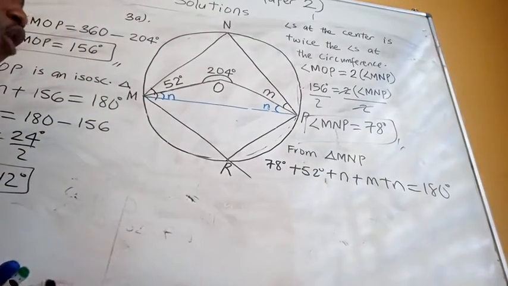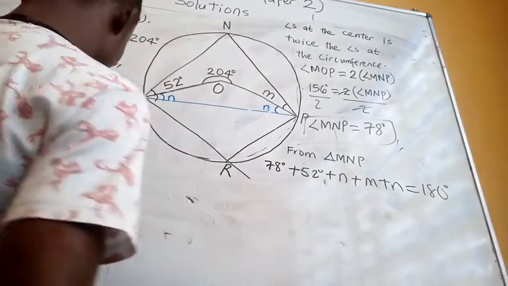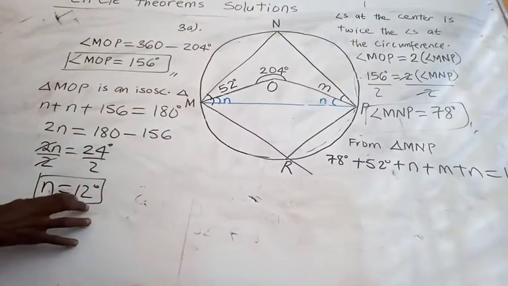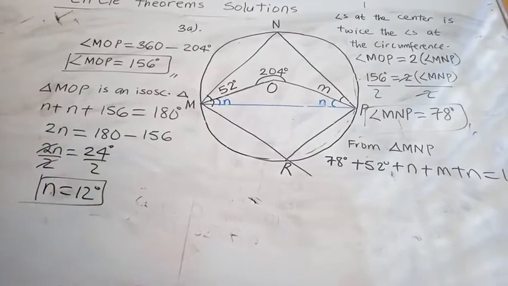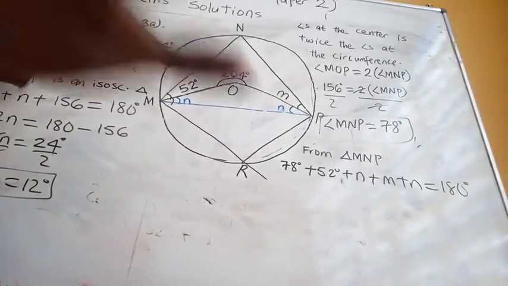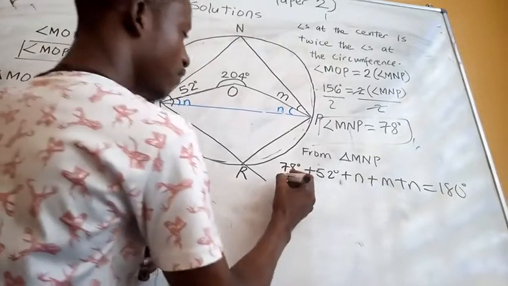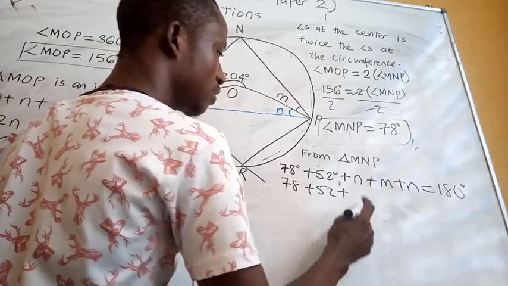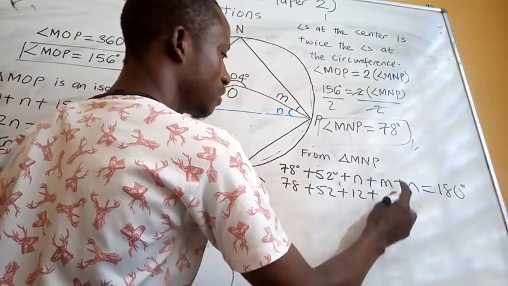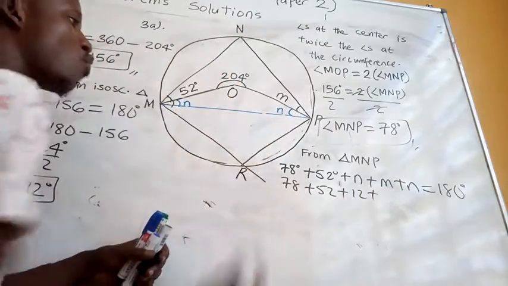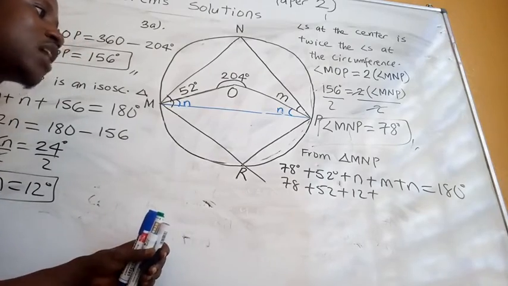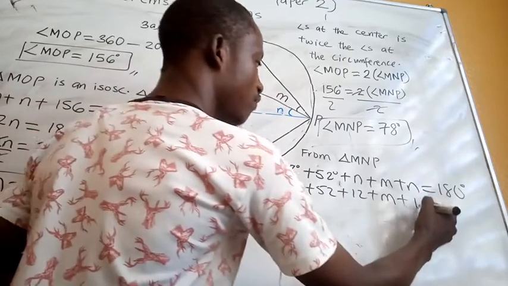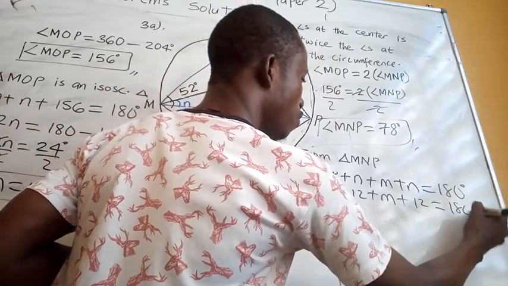Now, we have already found our value of N, which is 12 degrees. So replacing 12 degrees in place of N, we have 78 plus 52 plus 12 plus M, the unknown angle we are asked to determine, plus 12, all equal to 180 degrees.